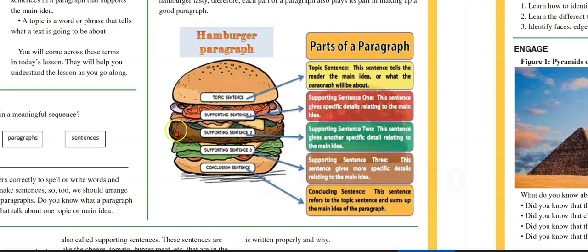We have the meat in there. Then we have the lettuce and the cheese as supporting sentence 3, and so on. So the hamburger is made tasty by the things that it would have in there. Supporting sentence 1, supporting sentence 2, supporting sentence 3, a concluding sentence and a topic sentence come together to give us a good paragraph.